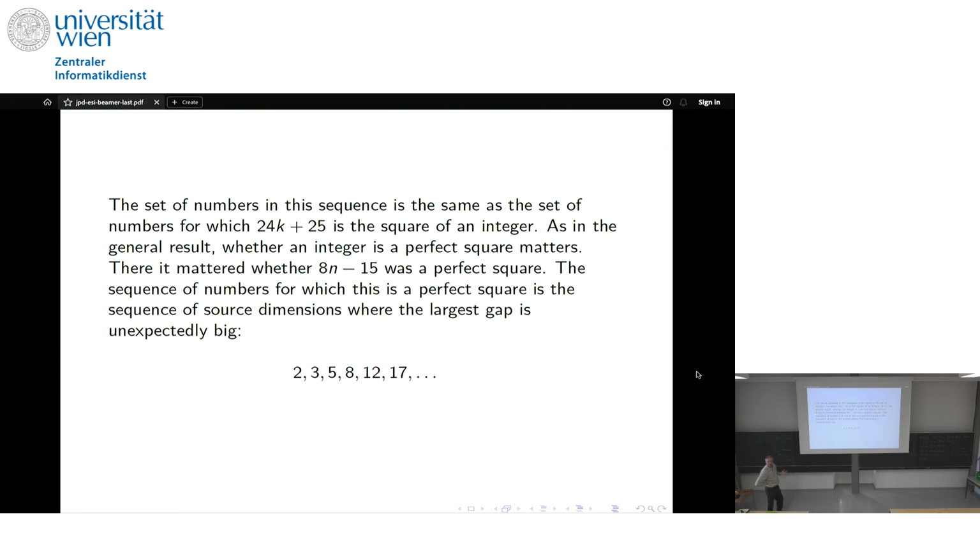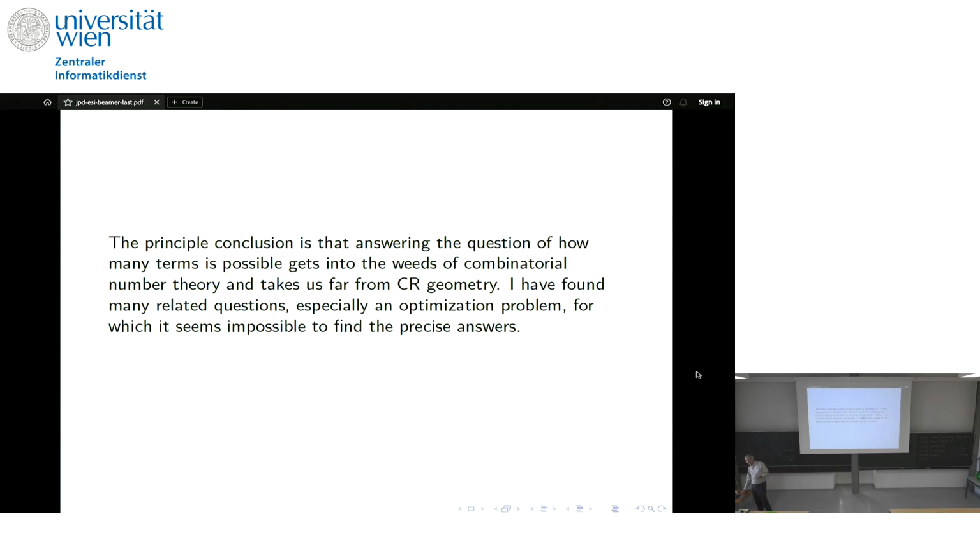So you see the nightmare of this: you have somebody who's trained to do weakly pseudo-convex domains, working on this problem and discovering all these connections with whether certain expressions involving integers are perfect squares or not. So I repeat the question, which is going to be true? CR geometry is going to tell number theorists something, or number theorists are going to tell CR geometry something, and to quote a song, I wish I knew.